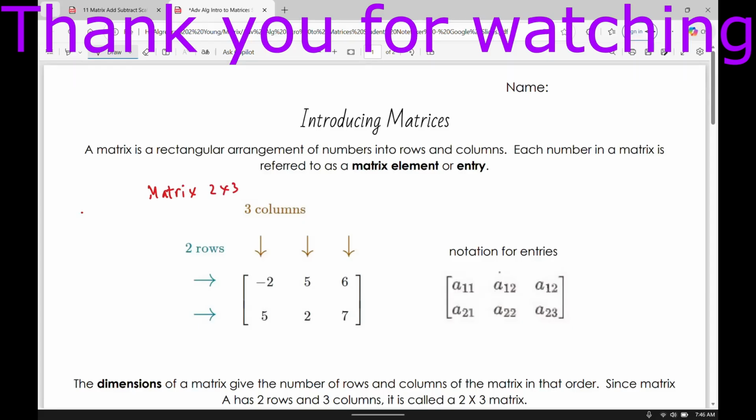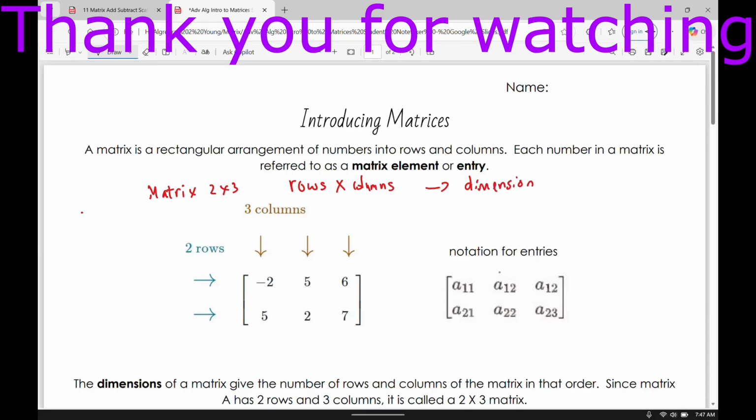The way we name the matrix is by using the rows and then the columns. Do not forget, it's very important that we stick with the definitions of the dimensions.